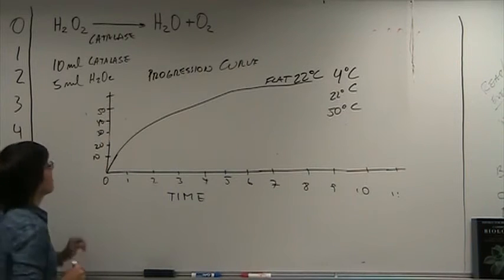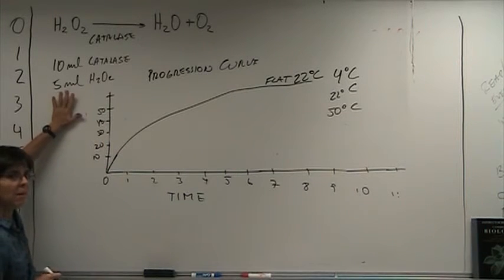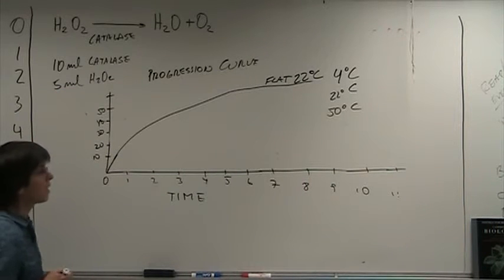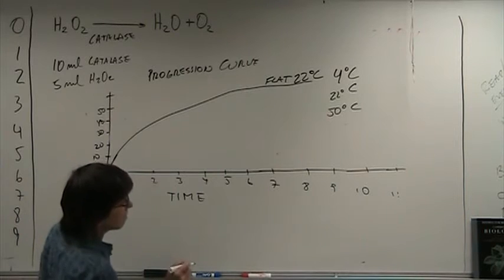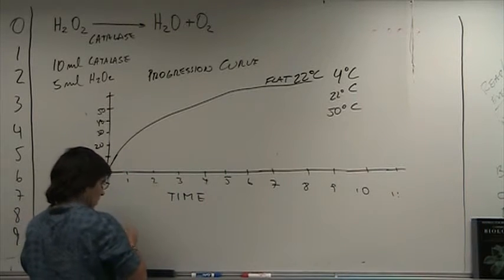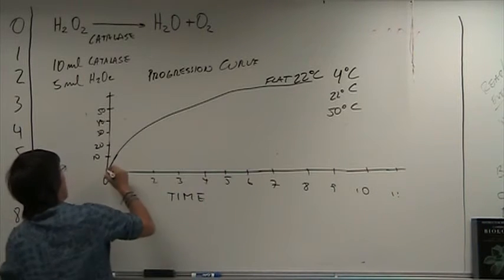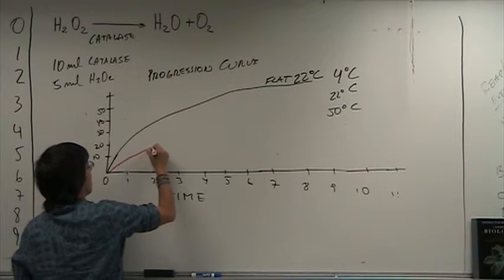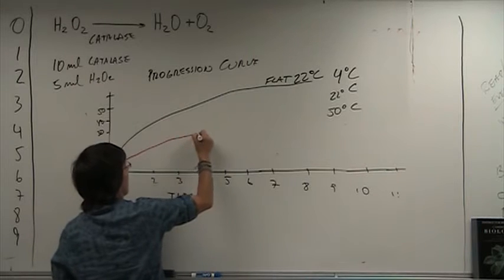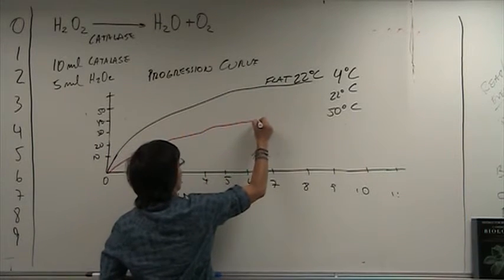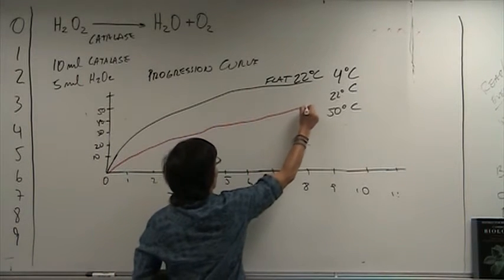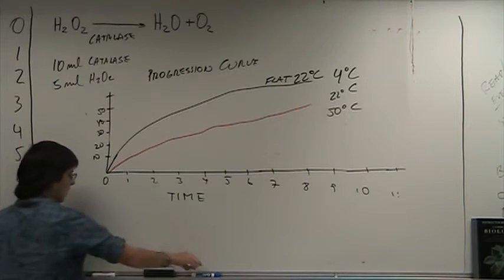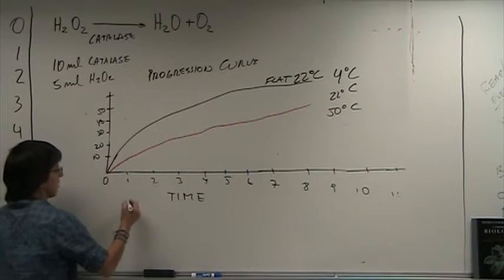At 4 degrees, and we are using exactly the same amount of catalase and hydrogen peroxide, but at 4 degrees, the reaction, and I'm going to do it in another color here, goes something like this. Notice what happened during the first minute right here.